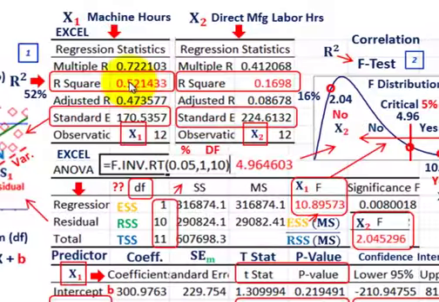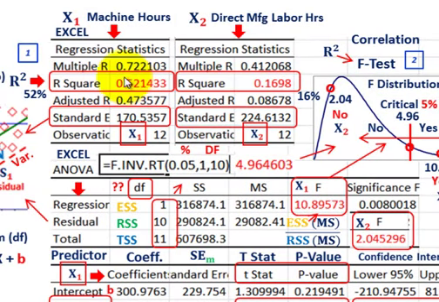Now let's look at our r-squared values. For x1, we got 0.52, and that's really 52%. And that's that proportion that we're talking about, the variation in y, the dependent variable, explained by the variation in x, the independent variable. And then for x2 we got 0.16. That is 16%. So clearly, x1, the machine hours, is much better here.